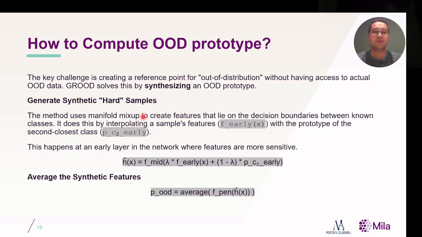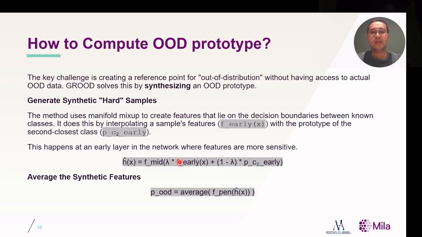This method uses manifold mix-up to create features that lie on the decision boundary. So we use, let's say, the second layer output representation, and then we do a mix-up between the representation of the input image and the representation of the second predicted class. So if the model was trained on dog, cat, and fish, and has predicted dog and cat as the top probability scores for that input image, we do a manifold mix-up with the second top class, and we do it at an early layer.